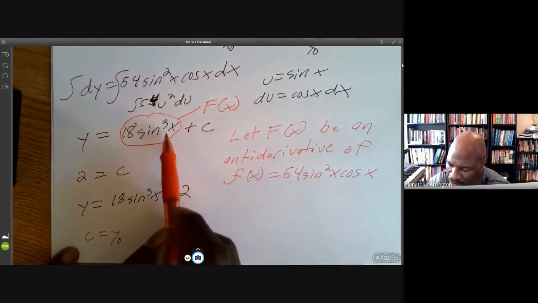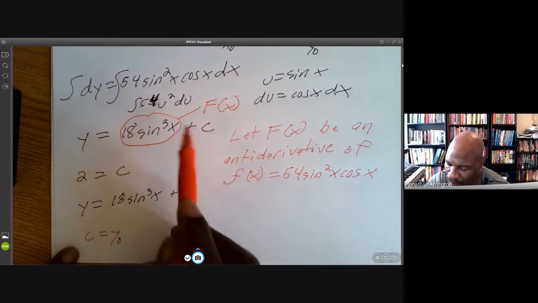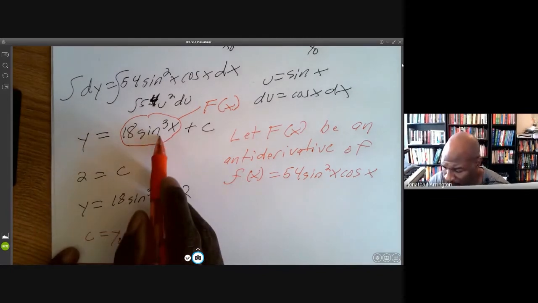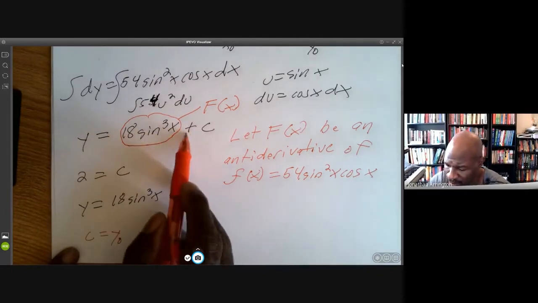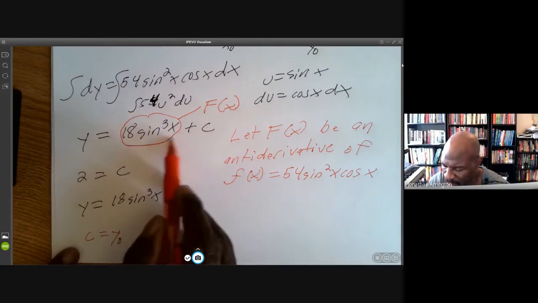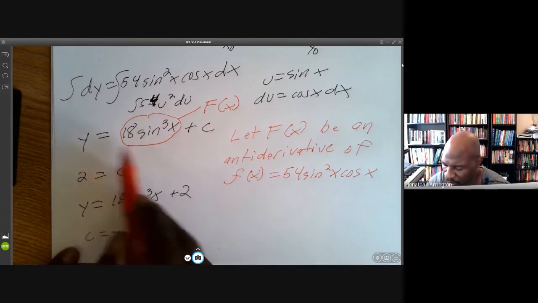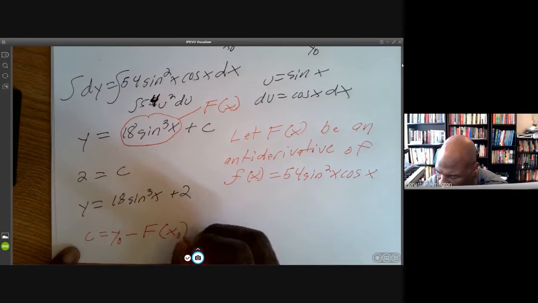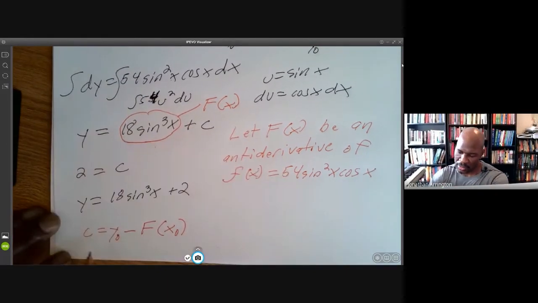Remember, we plugged in 0 for x when we were solving for C, and it was 0, so we didn't do anything with it. But normally, if I'm solving for C and this was a number other than 0, I would subtract this to solve for C. So I'm going to say minus big F of x naught. So that was our value of C.